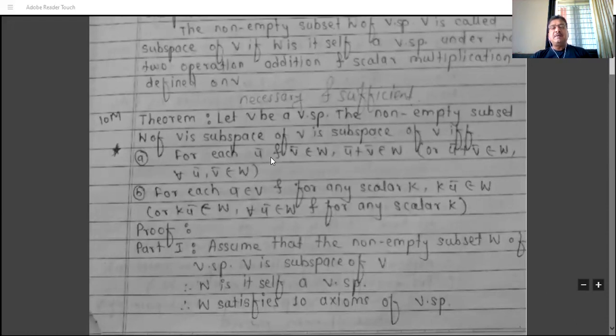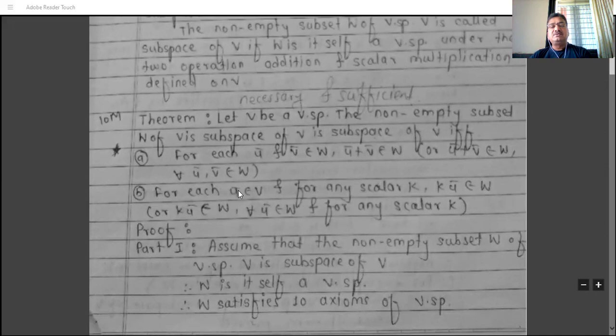The property C1 is true for W, and the second property is, for each u in W and for any scalar k, ku belongs to W. That is, ku belongs to W for all u in W and for any scalar k. This is the C2 property for W, the closure axiom number 2.